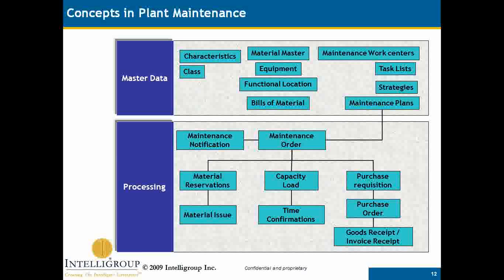When you plan, you plan the space and material you require, for example two bearings to replace for the motor. There is a sequence of steps in the maintenance order, release and all these things. The maintenance order is basically the cost collecting object in the system.